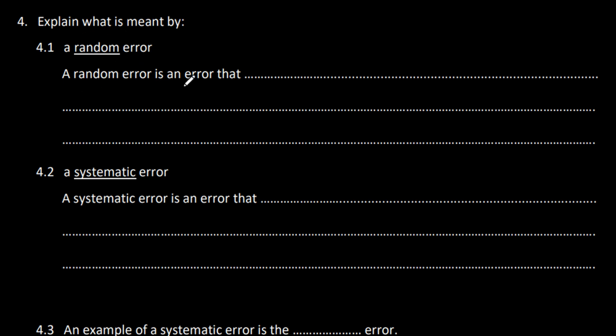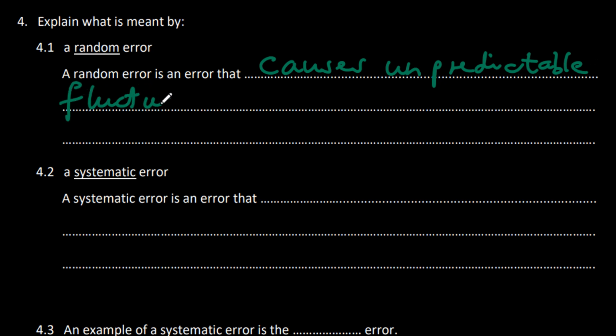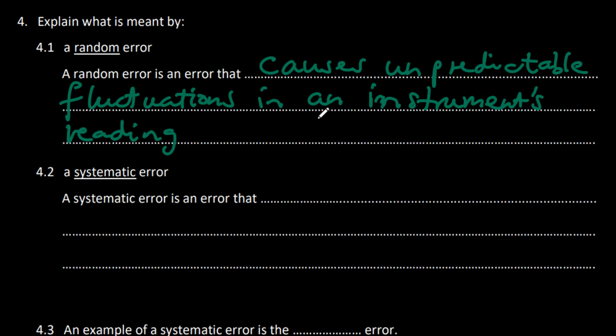Now, a random error is an error that causes unpredictable fluctuations in an instrument's reading as a result of uncontrollable factors.